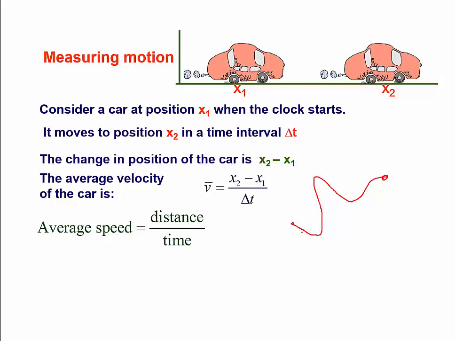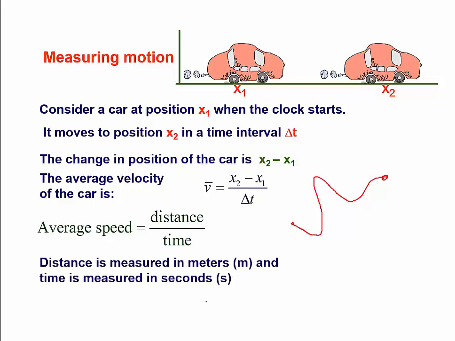So the distance is the length of the path, whereas displacement is simply final position minus the initial position. All right, so average speed is distance divided by time. You measure all this distance. That distance divided by time is the average speed, whereas velocity is the change in position divided by the time interval.